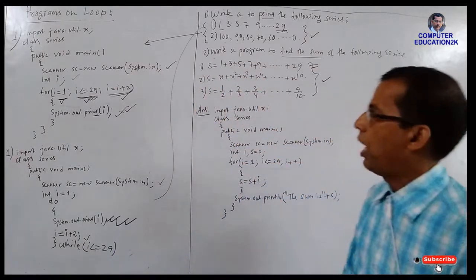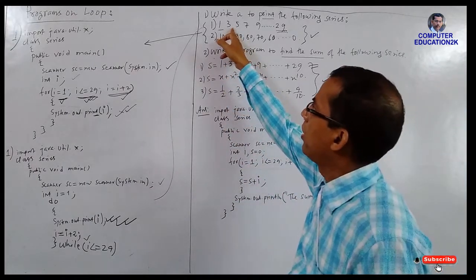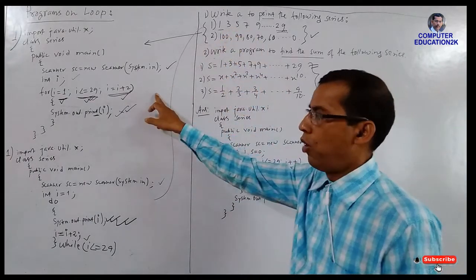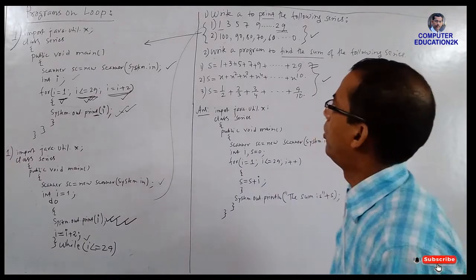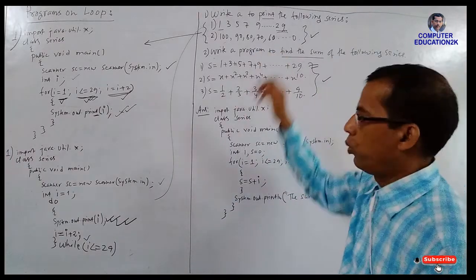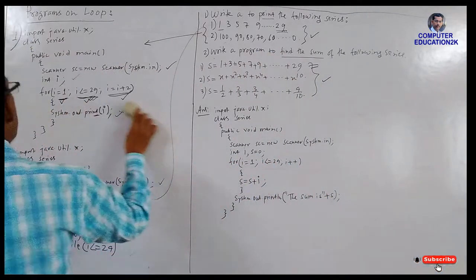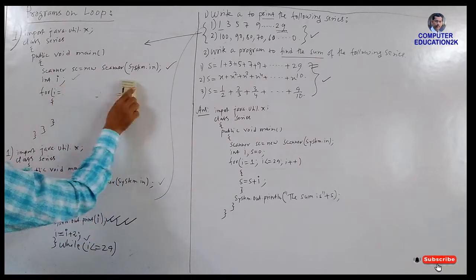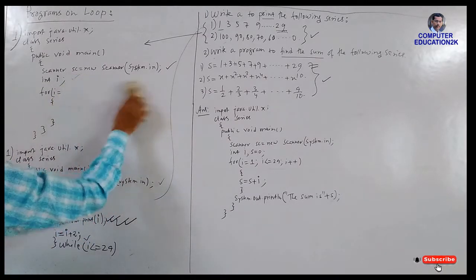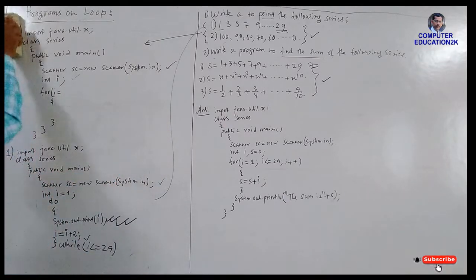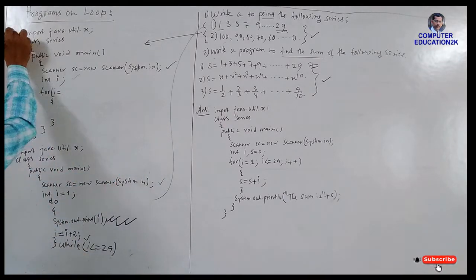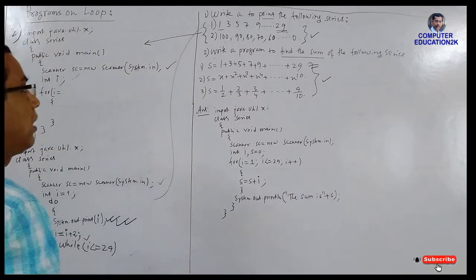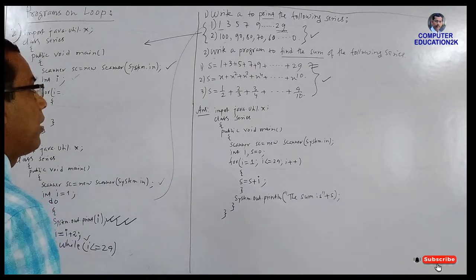So I have done this program using for loop, while loop and do while loop. Now let's do number 2. You can see here, I just remove this line. Now I will do number 2. What is number 2? 100, then 90, 80, 70, 60, down to 0.